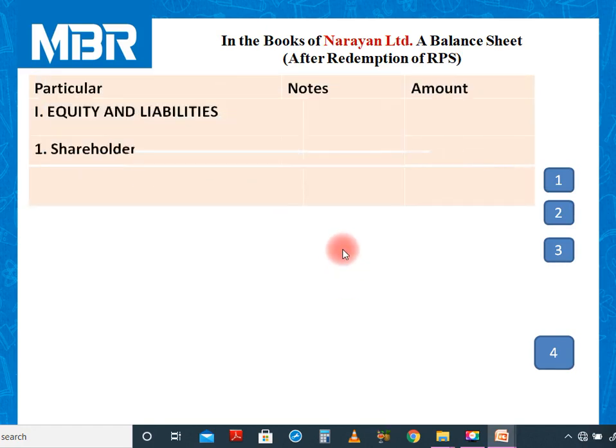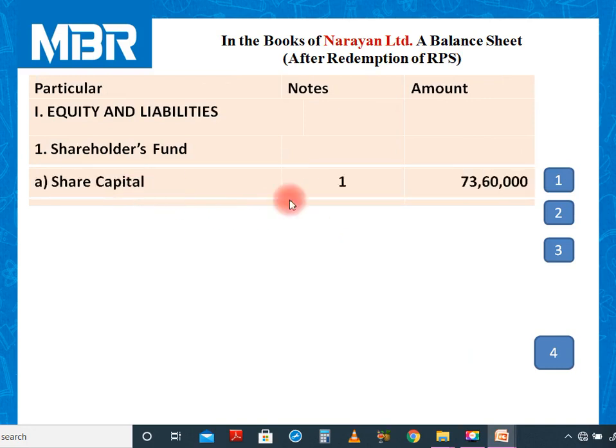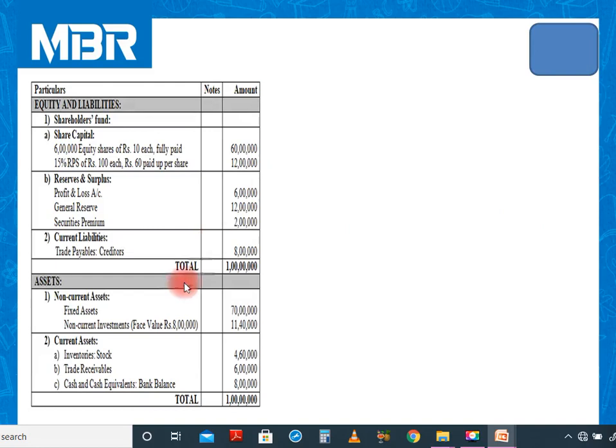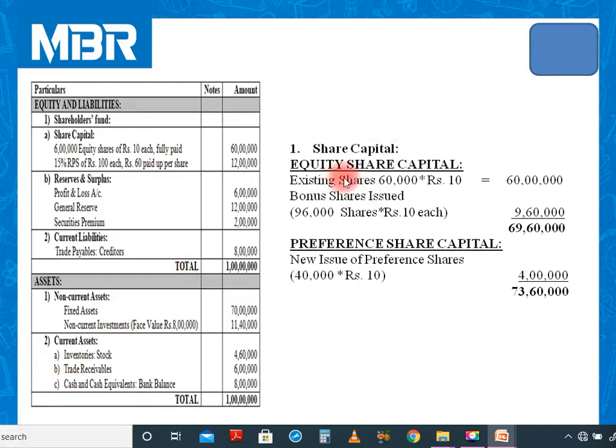Equity and liabilities. It includes the first item, shareholders fund. Share capital of the company 73,60,000. Let us refer to the calculation. Equity share capital.